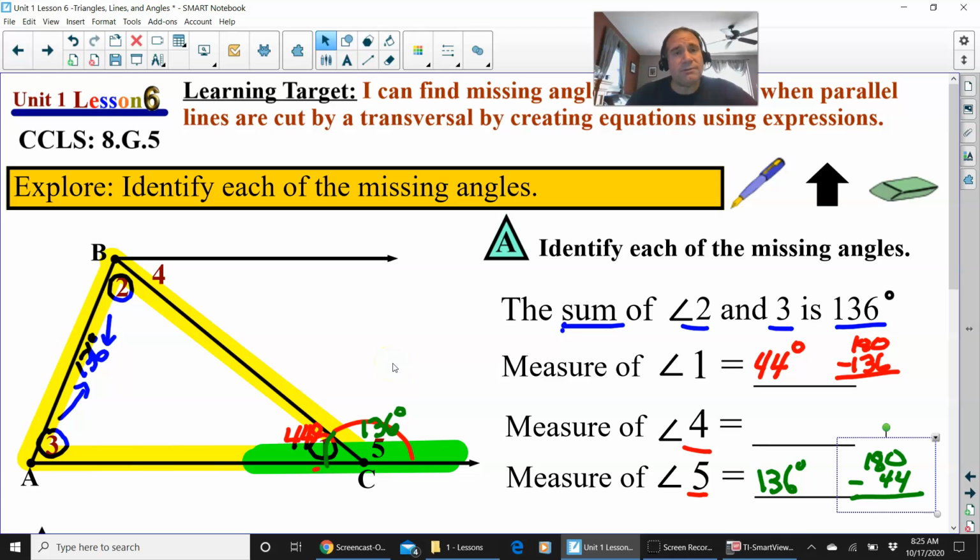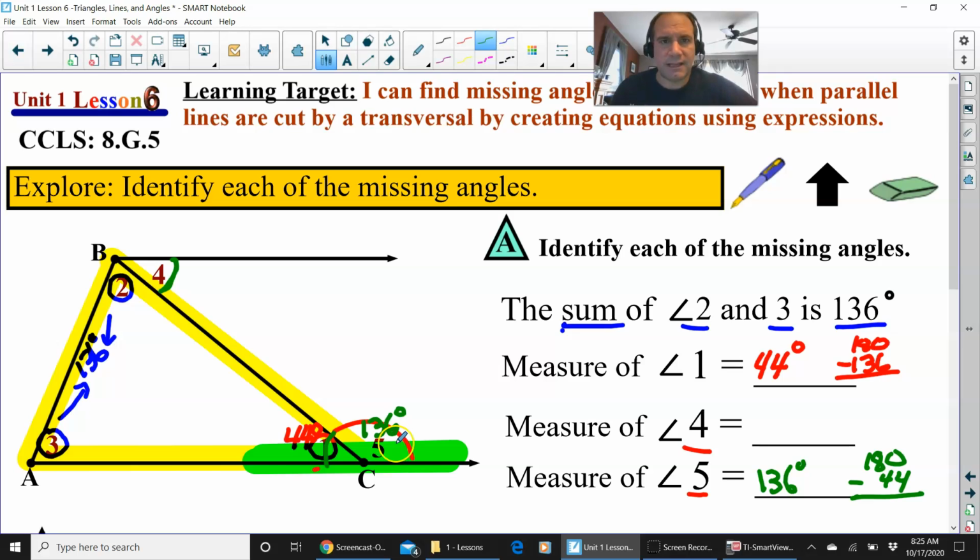That's why it's so important to put the angle measure into the diagram, because I realized that I would have the wrong answer for the measure of angle 4. Because the measure of angle 4, I could tell right away, is not going to be 136 degrees. It is a smaller acute angle, and this is the angle right here that we're talking about. This is angle 4. All right, angle 5, think about how that's obtuse. It's a large angle. It's greater than 90. So 136 degrees.